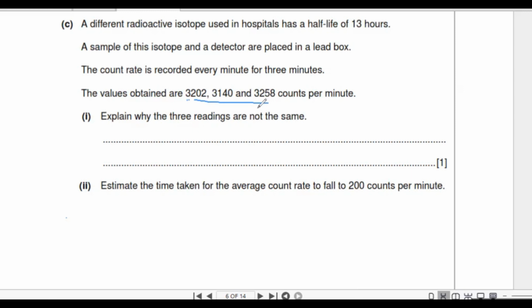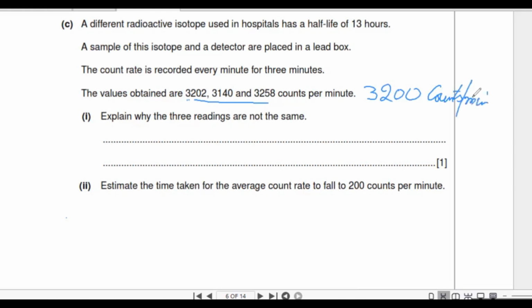Tell me the answer. 3200. 3200 is the average count rate in counts per minute.